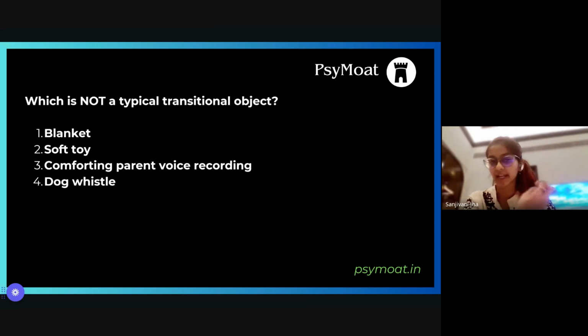So a blanket, soft toy, comforting parent voice could be representative of our primary object, but a dog whistle in and of itself could not be that. That is why the dog whistle here is not a typical transitional object. It could become one later on, but it would not be classified as a typical transitional object.